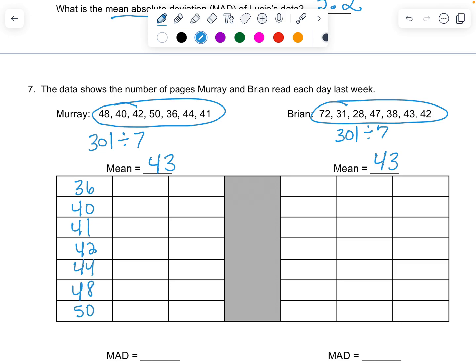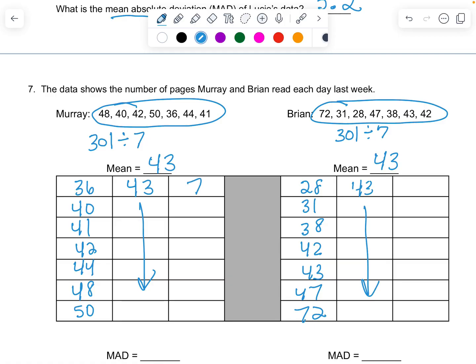And for Brian, next I'm going to find the distance from my mean. So I'm going to fill in a 43 all the way down for both of them. And I need to find the distance 43 is away from each piece of data.